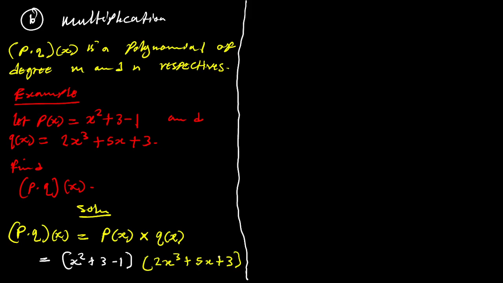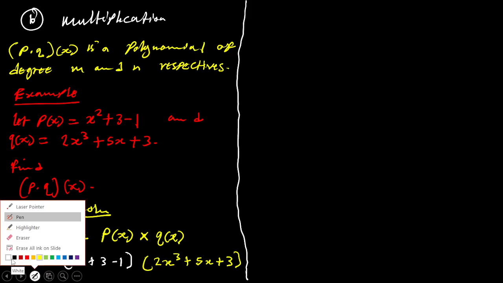So once you have this in mind, you need to understand that we are going to multiply everything in white by everything in yellow.